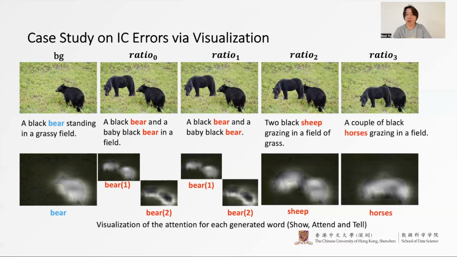And when we choose the highest overlapping ratio, the caption becomes a couple of black horses grazing in the field. So we can see that after the insertion of the black horse, the attention image gives different kinds of mistakes, so it may be a clue that helps us find the root cause of the IC errors.